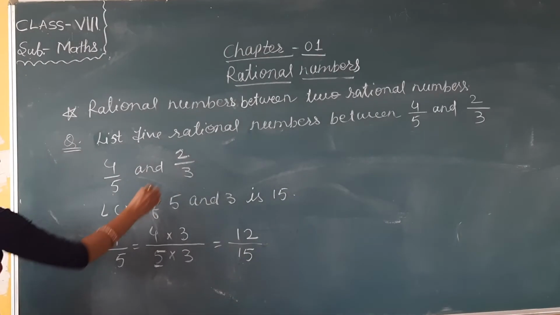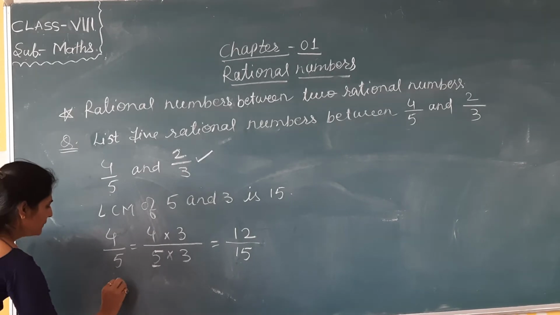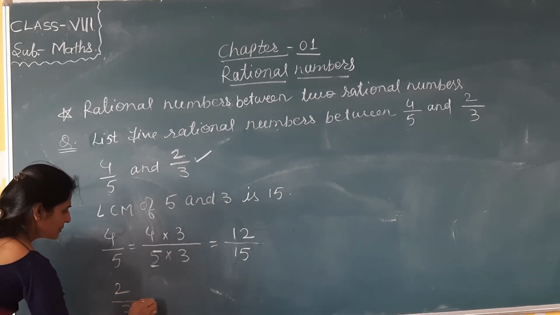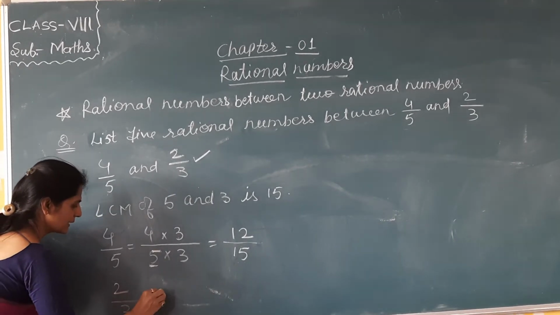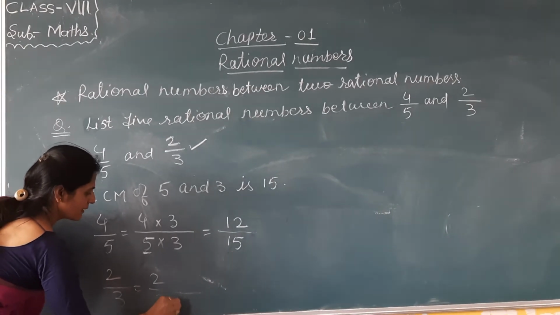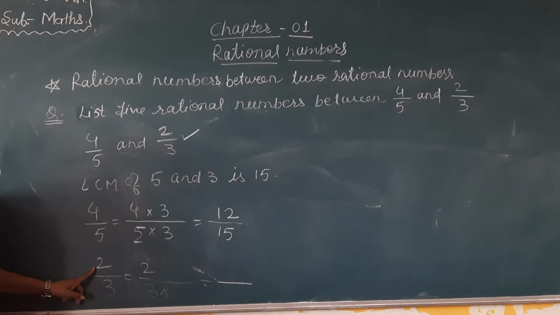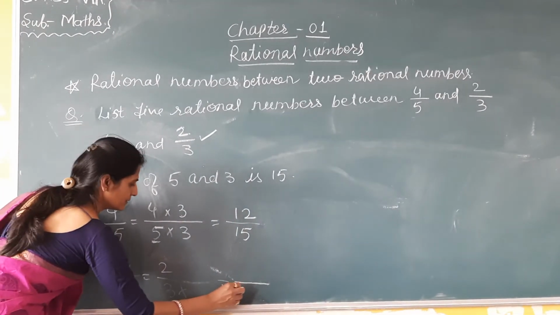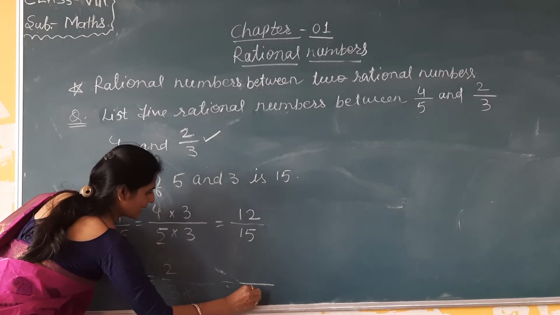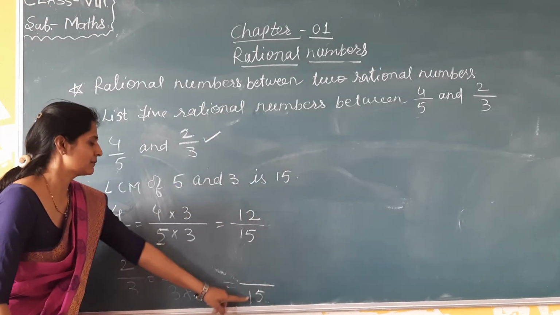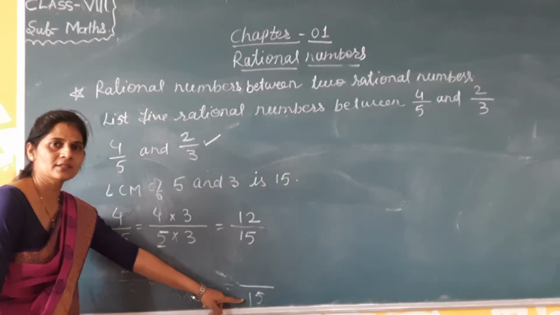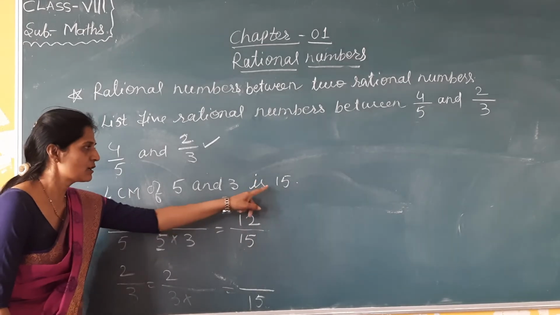Now next rational number is 2 upon 3. Again you will find the equivalent rational number of 2 upon 3, that the denominator as equal to the LCM. मतलब इसका denominator कितना आना चाहिए, equal to LCM, that is 15.